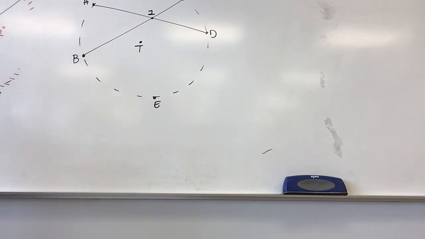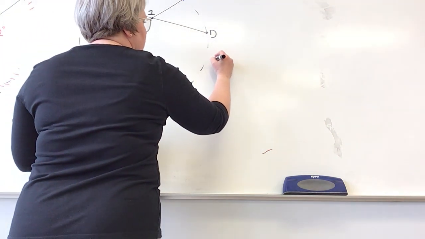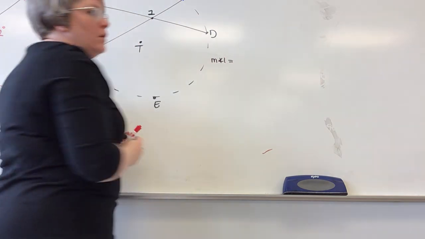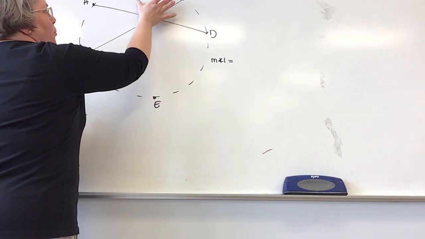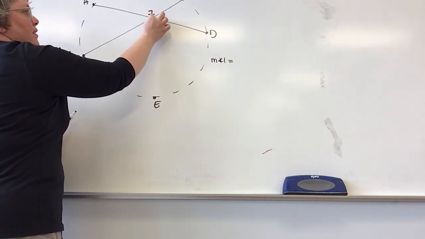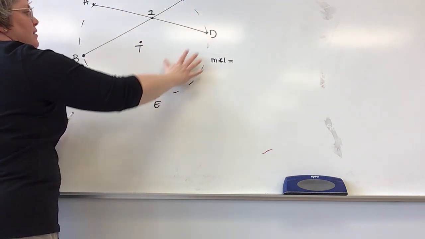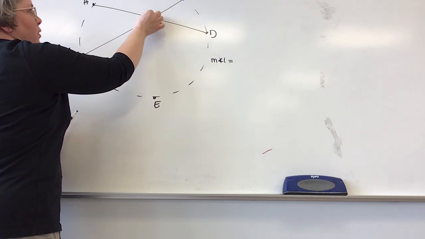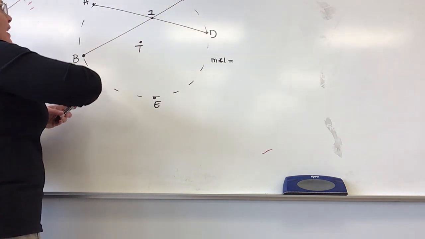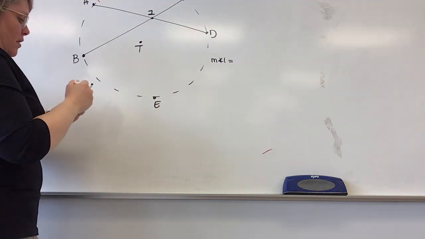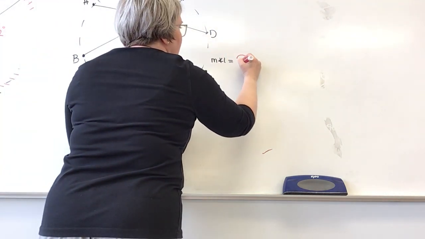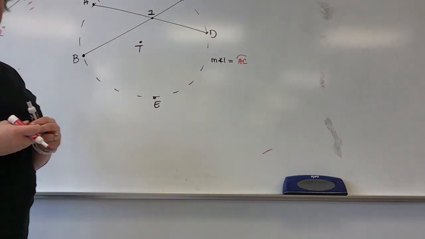To find the measure of angle 1, you sort of think about the arc that he opens up to. So here's angle 1. His vertex is floating inside somewhere, not on the center. And so he opens up to arc AC. So you're going to take arc AC.